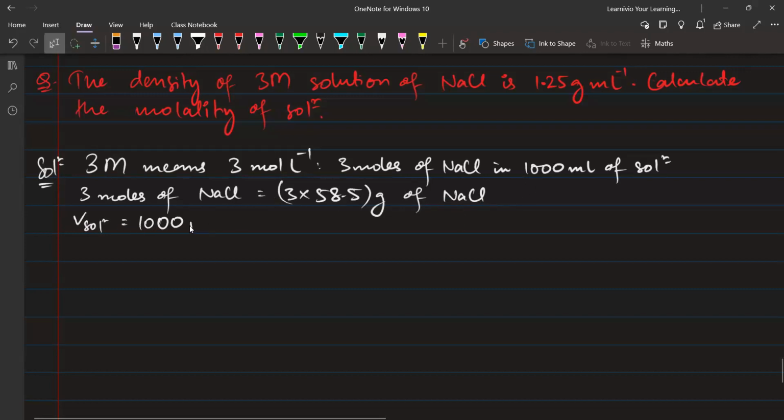Density is given as 1.25 grams per ml. I have volume and I have density, so I can calculate the mass of solution. Density is equal to mass by volume, so mass will be equal to density into volume.